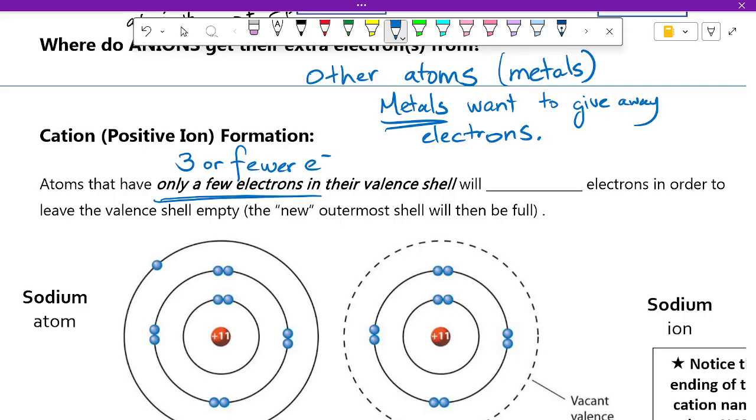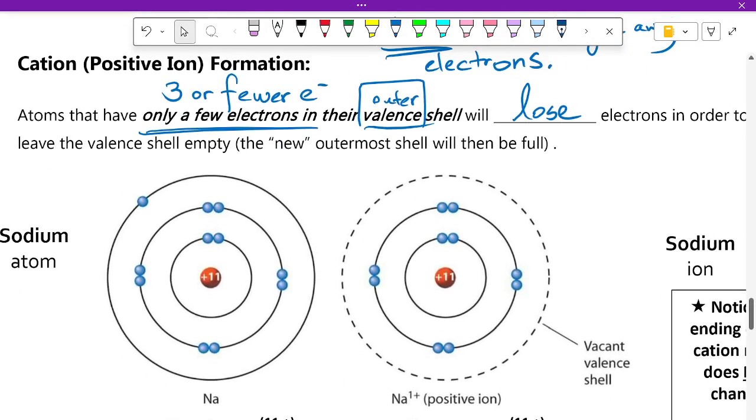If you have 3 or fewer electrons in the valence shell, the outer shell, are they going to want to gain electrons or lose electrons? It's going to be easier to lose. So they're going to lose electrons in order to leave the valence shell empty, and our new outermost shell will then be full.